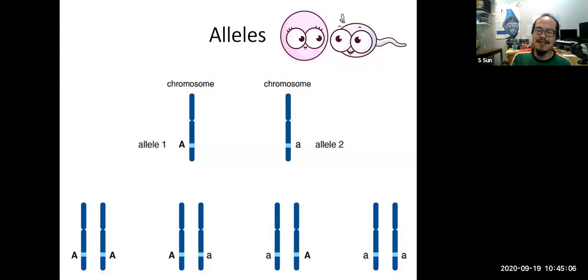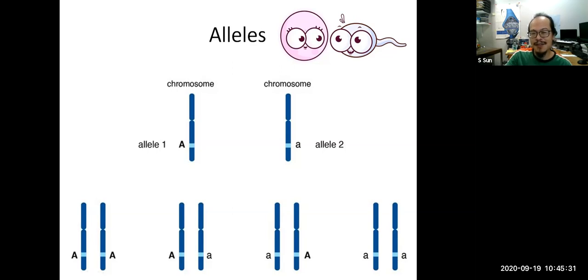Now he observed one quite important thing: when the two alleles are the same, if capital A is tall, this plant is going to be tall, and if small a is short, this plant is going to be short.